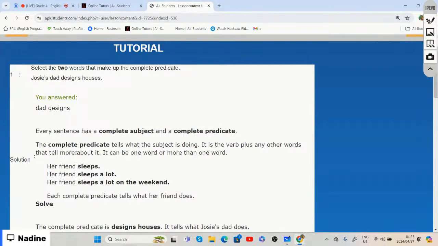It's a verb plus any other word that tells us more about it. So the predicate, it's the verb.